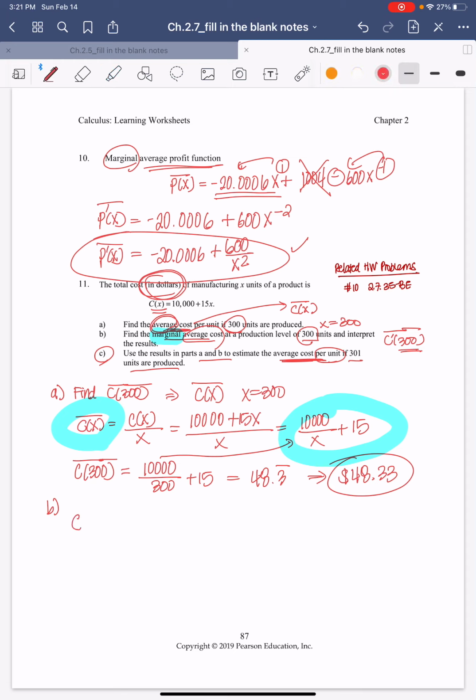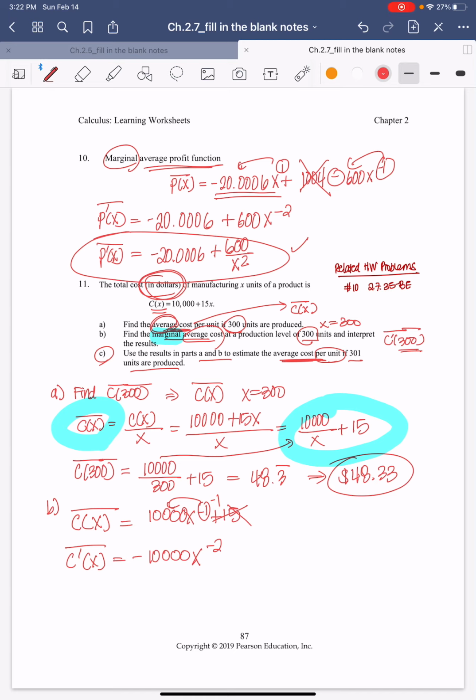C bar of x is 10,000x to the negative 1 plus 15. So C bar prime of x will be negative 10,000x, subtract 1 from the exponent, so negative 2, and the 15 disappears.